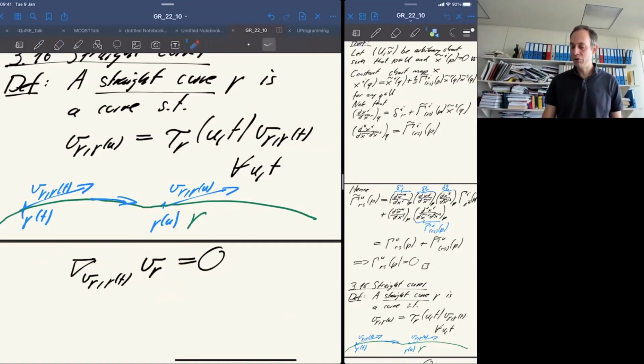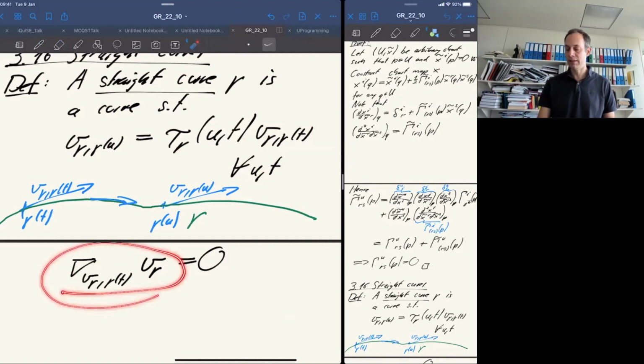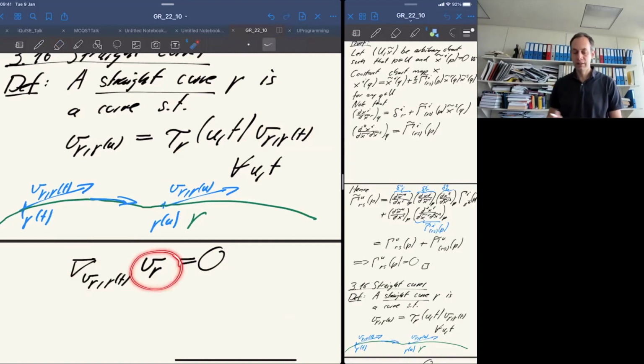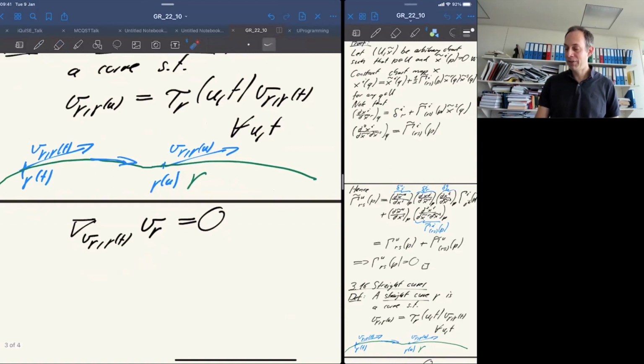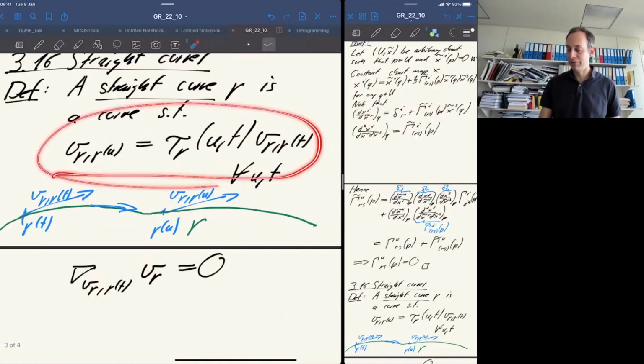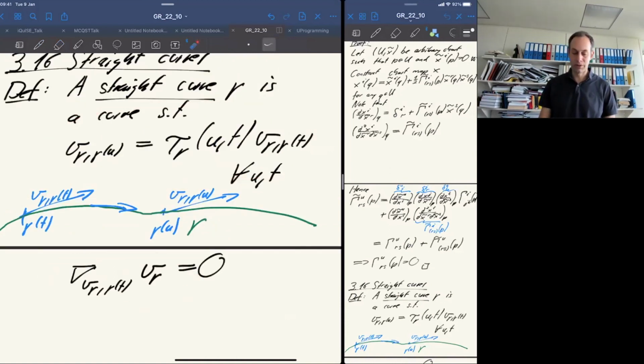So in principle, you should think of this as the extension of the vector field defined by the curve along the curve to the whole manifold. But you see from here, of course, the other values of the vector field are not really relevant. But formally, for this to be well defined, you would need a vector field that is extended away from the curve. Anyway, that's just a technical subtlety, because once you have seen this definition, you know that it's sufficient to just consider the vectors on the curve.